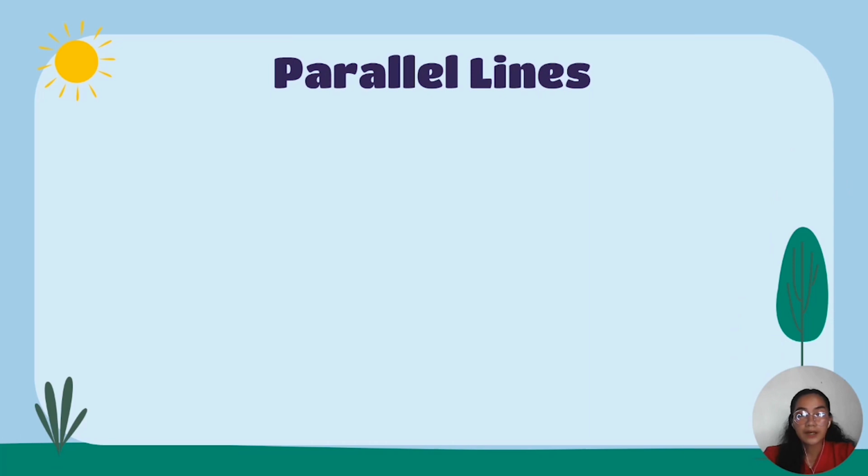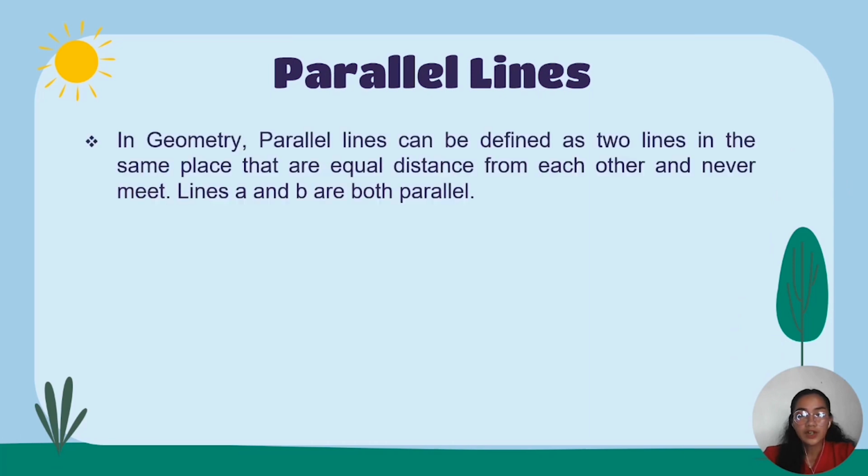What are parallel lines? In geometry, parallel lines can be defined as two lines in the same plane that are an equal distance from each other and never meet. In short, parallel lines are two or more straight lines that lie in the same plane that never intersect each other no matter how long we extend them.